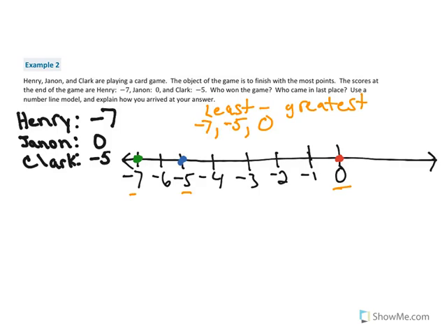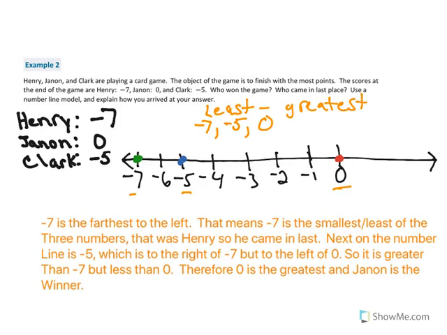So if I wanted to explain what we just did in words, here's what I would write. -7 is the farthest to the left. That means -7 is the smallest or least of the 3 numbers. That was Henry, so sorry Henry, he came in last.